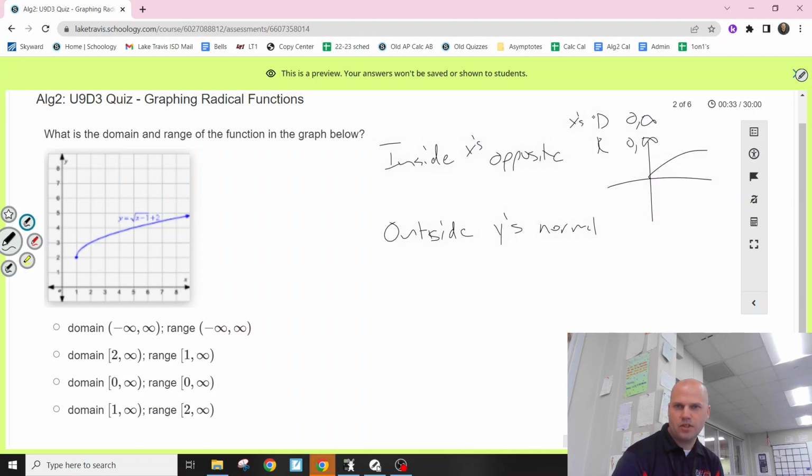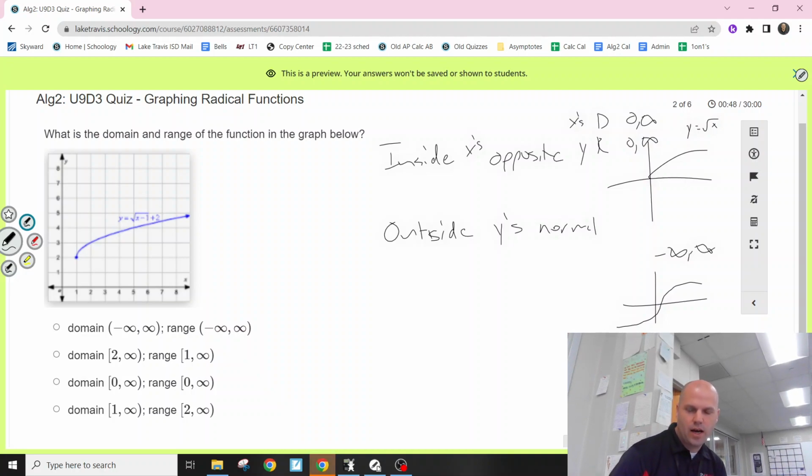And the range is going to be 0 to infinity. That's our y's. For the cubed root graph, domain and range will always be infinity to infinity, so we don't have to worry about shifting our domain and range. We'll just have to worry about our transformations.